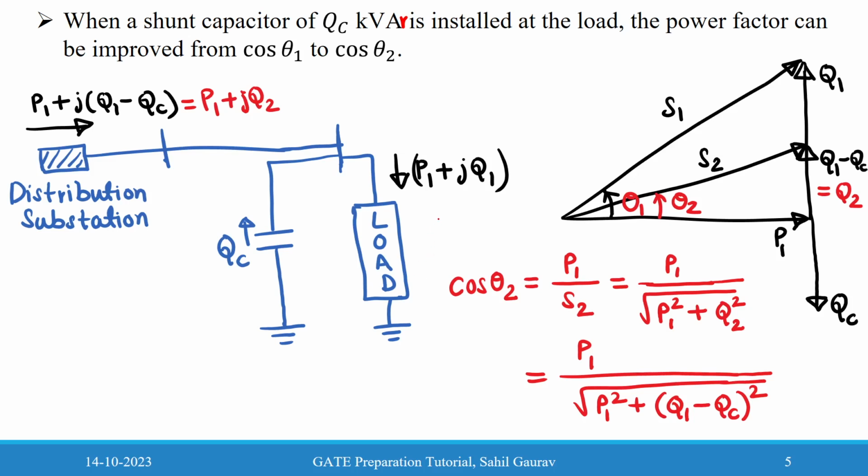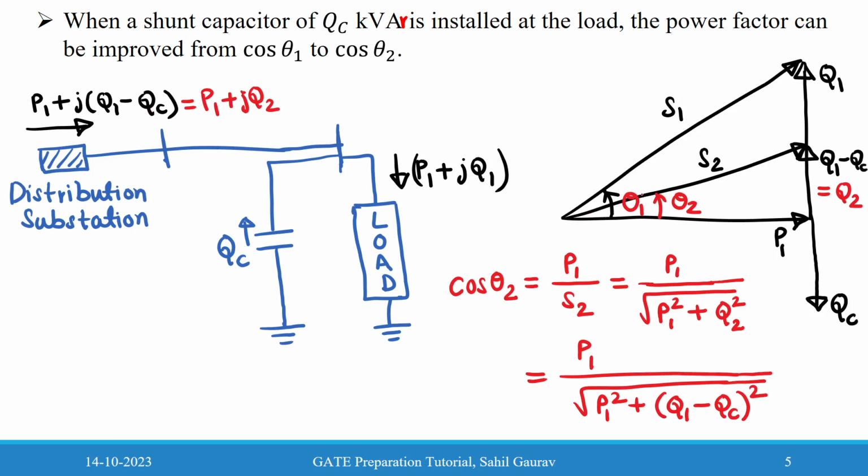So the load demand is P1 plus jQ1, and this QC amount of reactive power is given by the capacitor. Now the reactive power drawn from the distribution substation will get reduced. So what will the reactive power coming from the distribution substation side be? That will be Q1 minus QC.